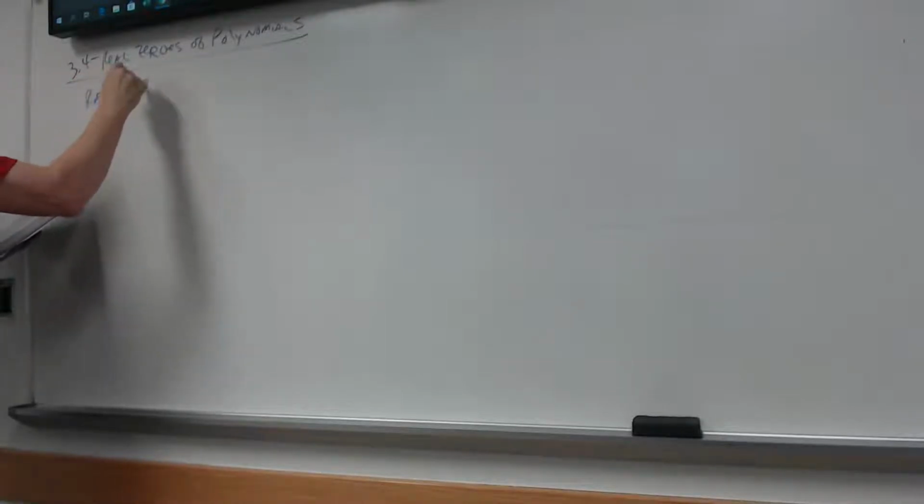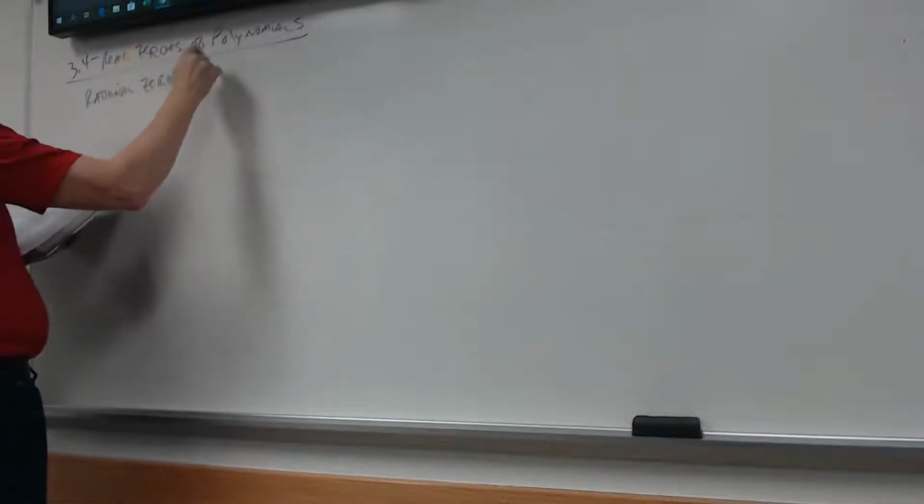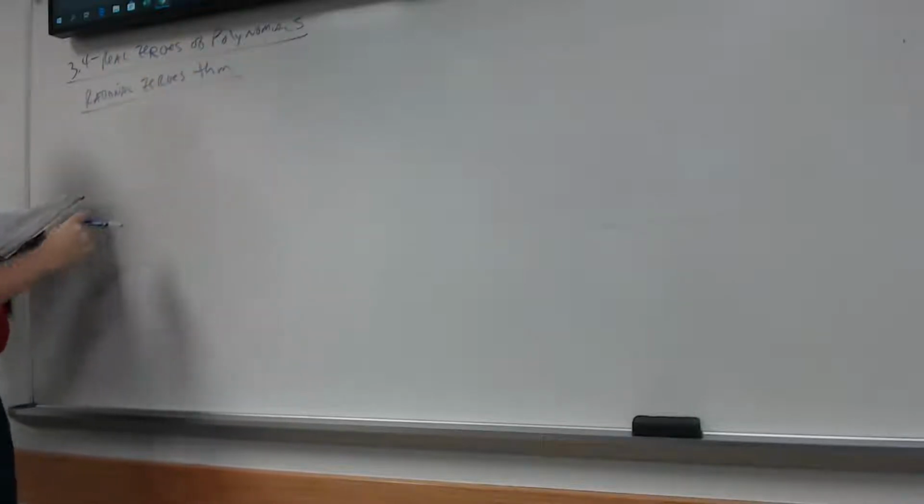Remember yesterday I said those theorems weren't all that helpful. Today is going to be really helpful. We're going to talk about the rational zeros theorem. THM for theorem, okay?